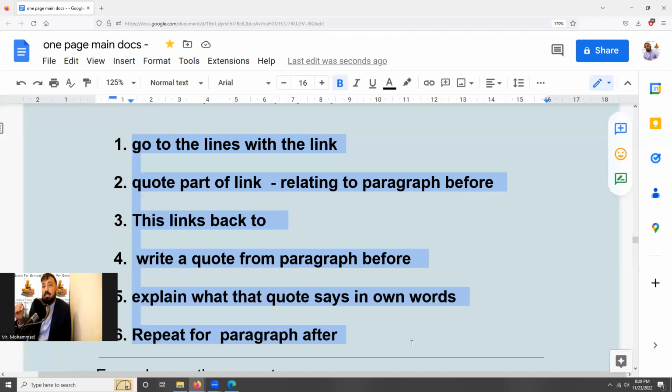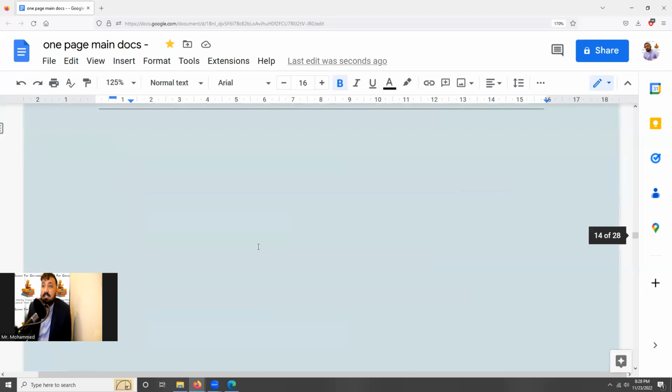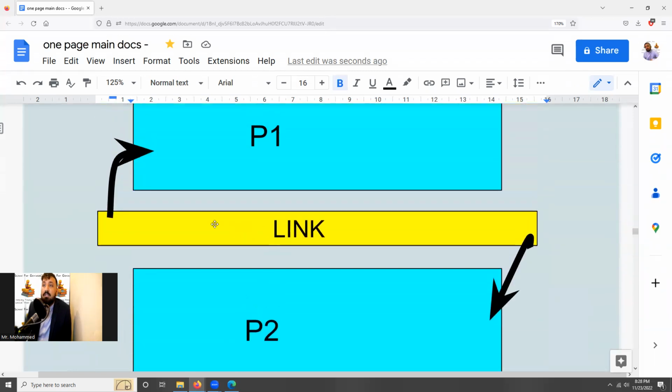Then what you want to do is make sure you identify which part of the link connects forward and which part connects backwards. Like I said before, in most cases the link is going to have something that connects forwards, and also something that connects backwards.